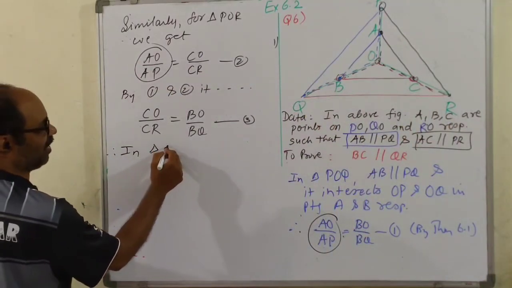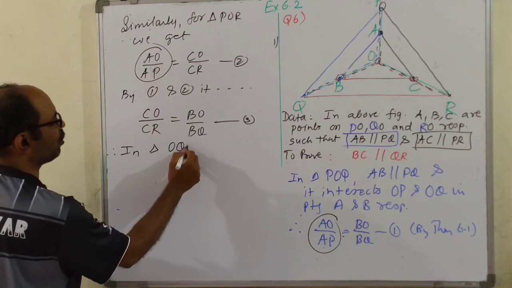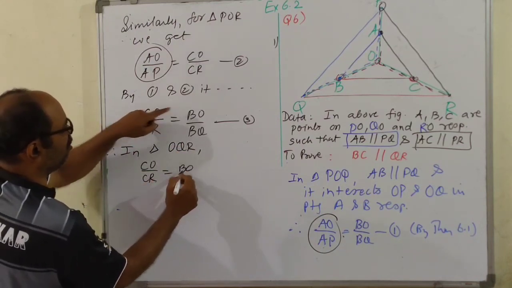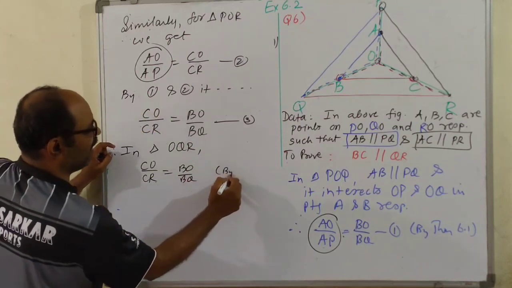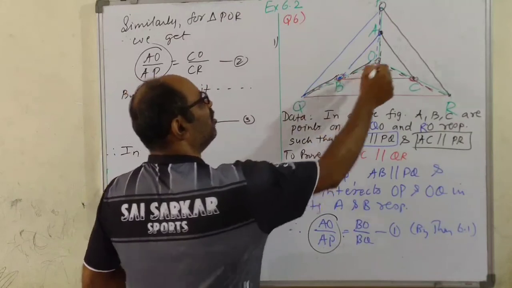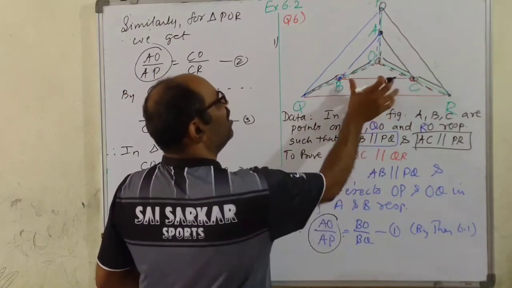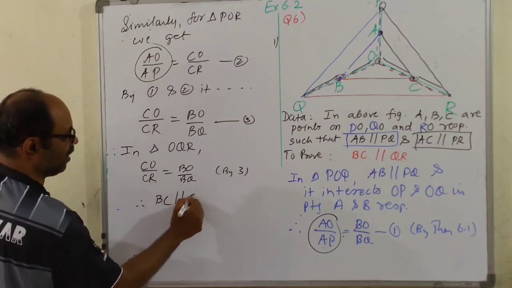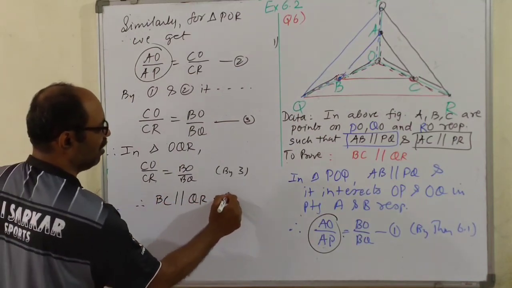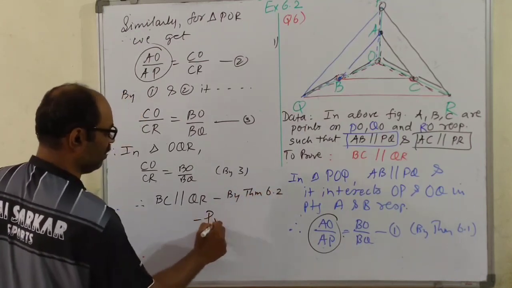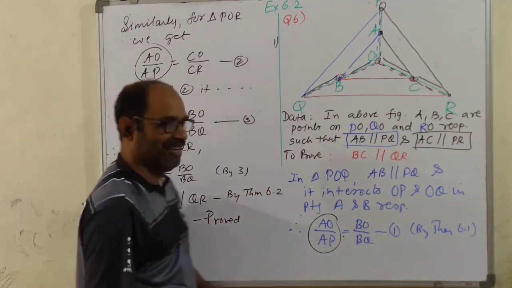Therefore, in triangle OQR, CO upon CR is equal to BO upon BQ by 3. So BC is parallel. Therefore, BC is parallel to QR by theorem 6.2. And this is proved. Got it?